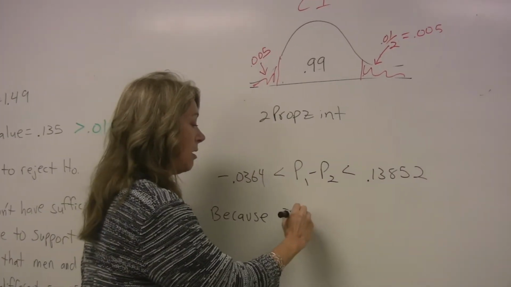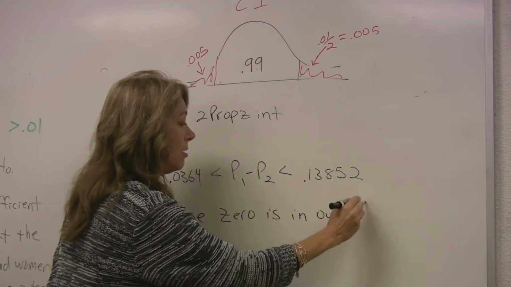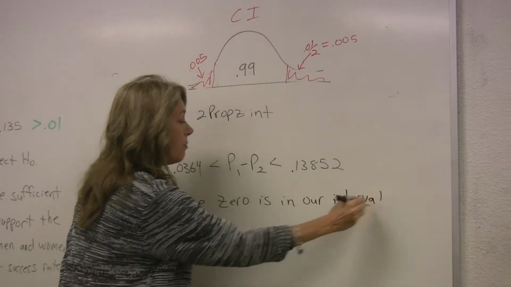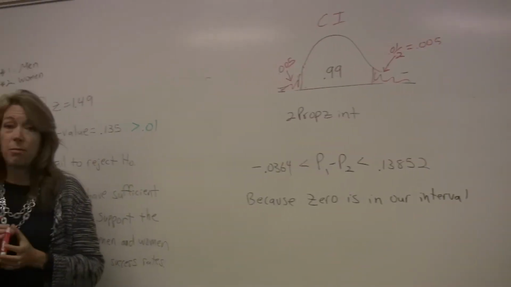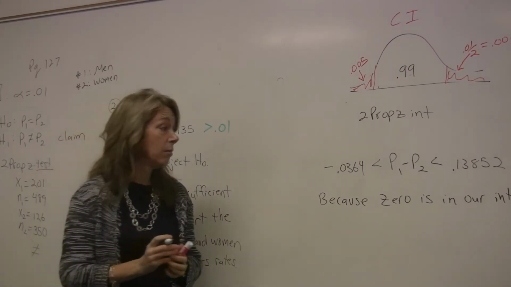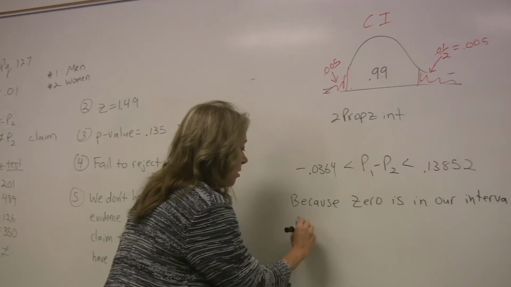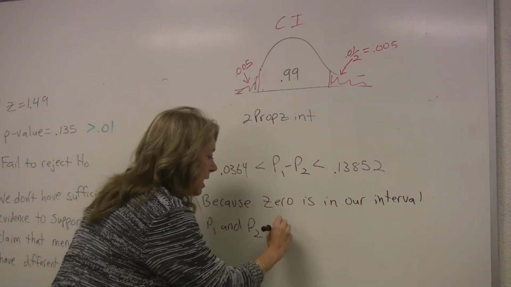Because 0 is in our interval, that's one of the possible differences is 0. What does that tell you about P1 and P2? They could be the same.